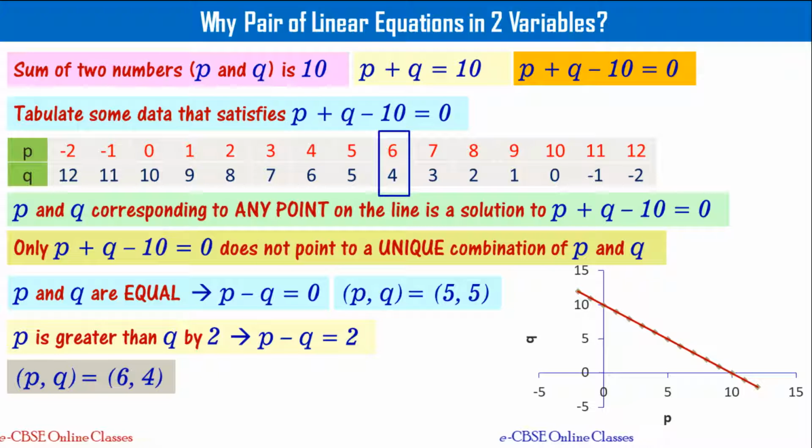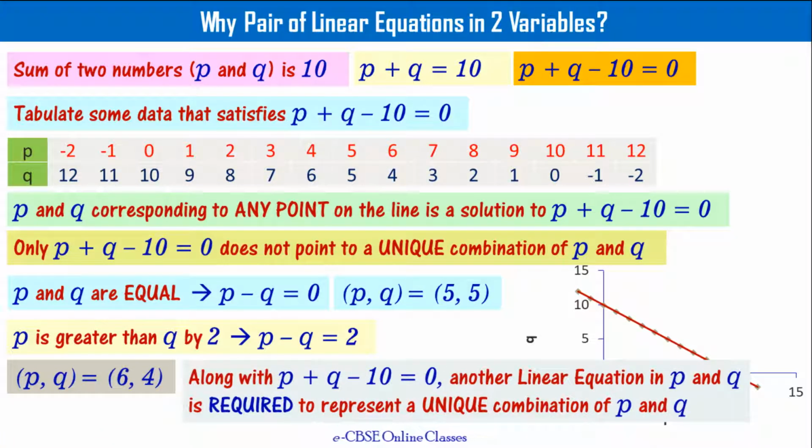Now what you can say is, along with p plus q minus 10 equal to 0, another linear equation in p and q is required to represent a unique combination of p and q. You agree with that, right?